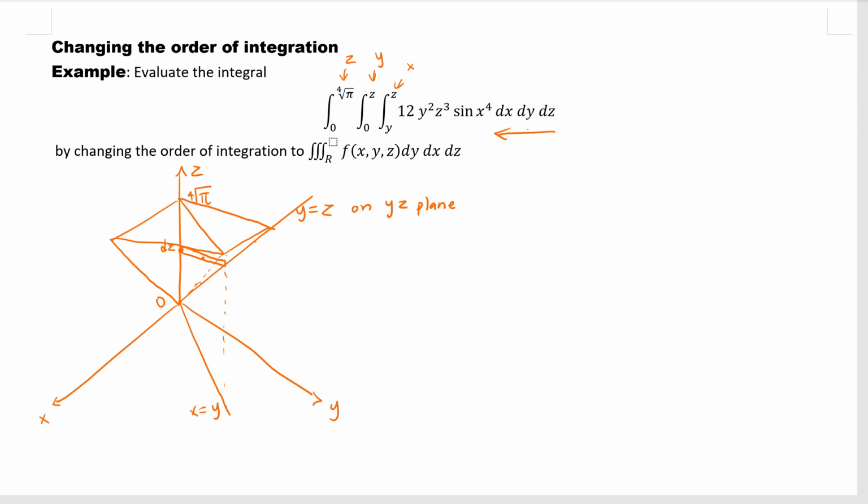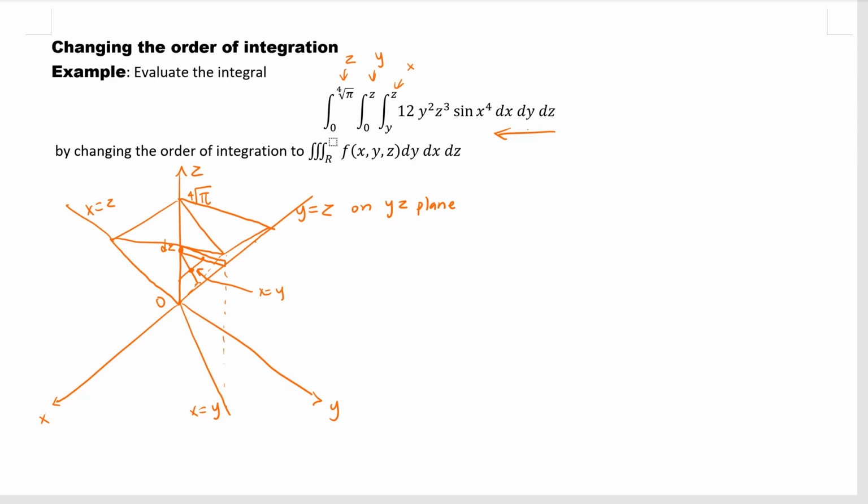If we go to the x direction, this is the line x equals y, and this guy is x equals z.